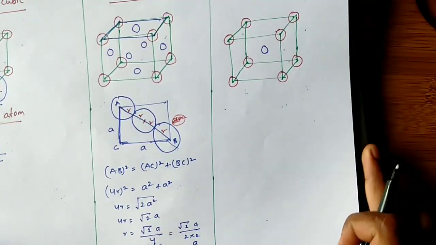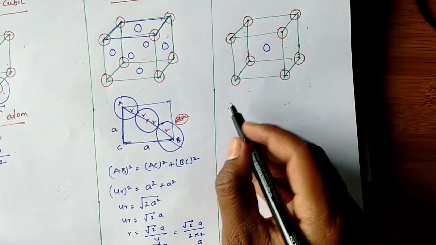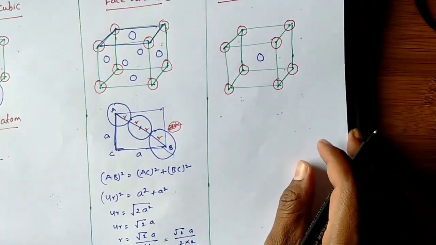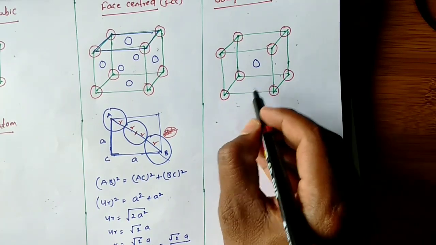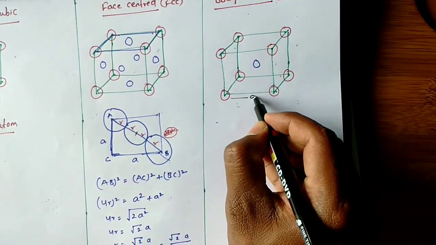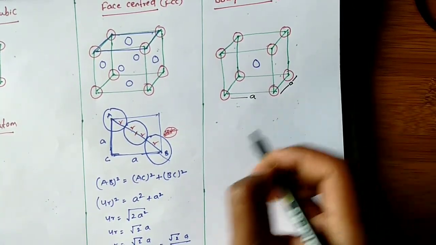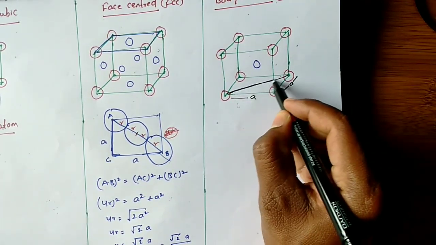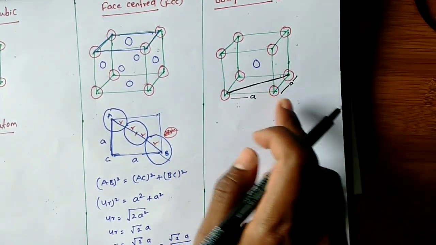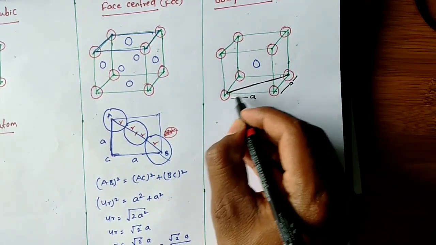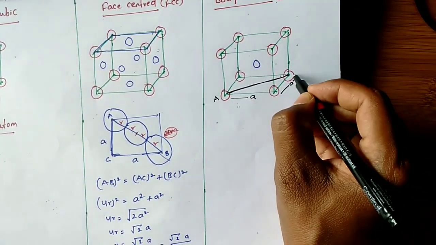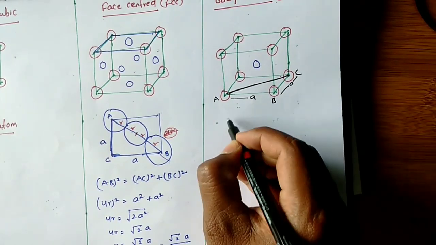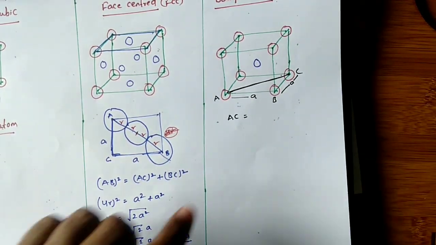Next, body centered. See, we know that here, observe this cube. This is edge length A and this is edge length A. What is this diagonal? According to Pythagoras, assume this is A, B, C. So AC equal to what?